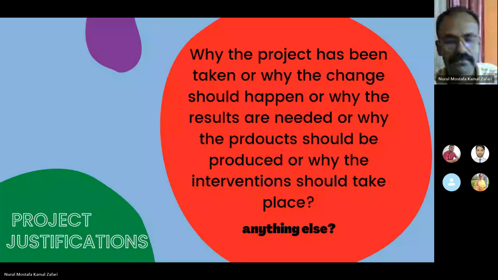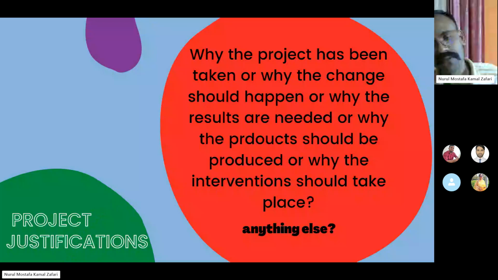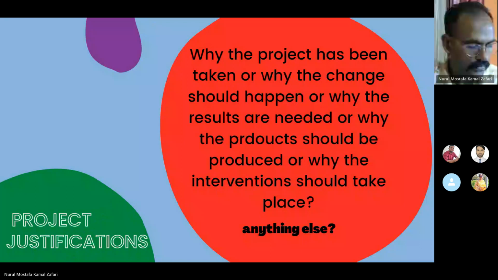Okay. So can you tell your question again? Let's say we are talking about the child abuse cases. Your project is about reducing the child abuse cases in the area.